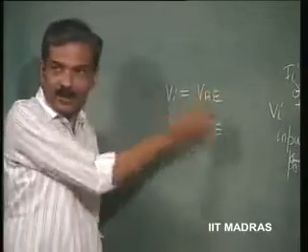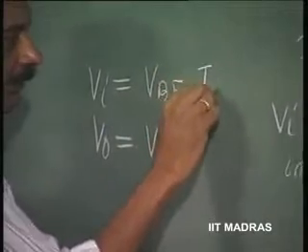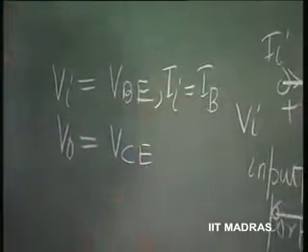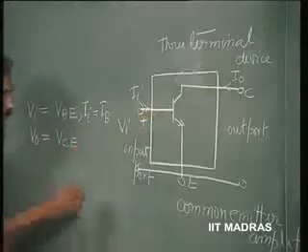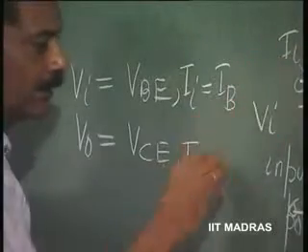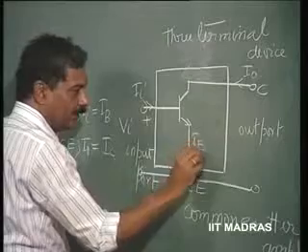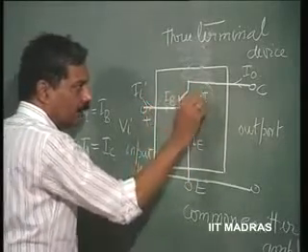So, E is common, you can see. The input current is the same as the base current. You can look at this, this is the base current, and the output current is the same as the collector current. You can write down this. This is IE, the emitter current, this is the base current, this is the collector current.